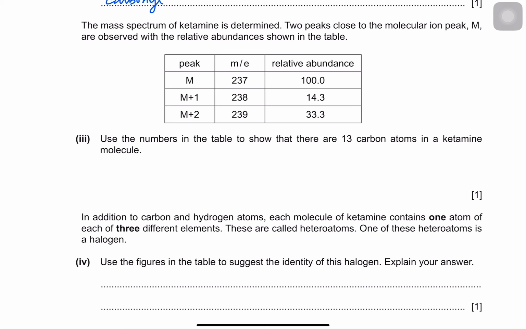You have the M abundance, M plus 1 abundance and M plus 2 abundances here. Use a number to show carbon, 13 atoms are here.